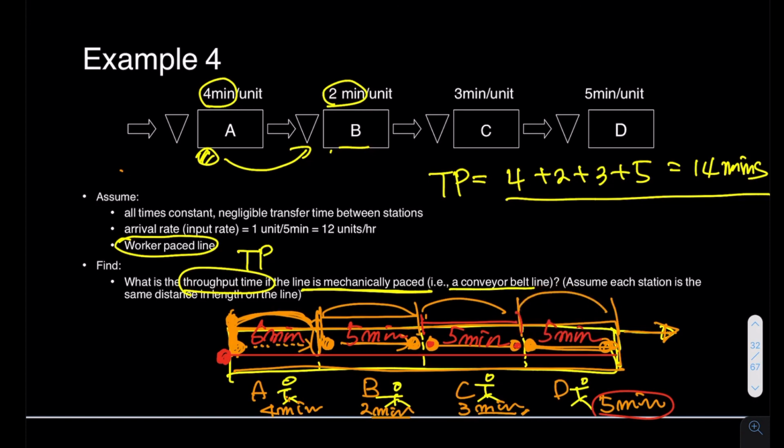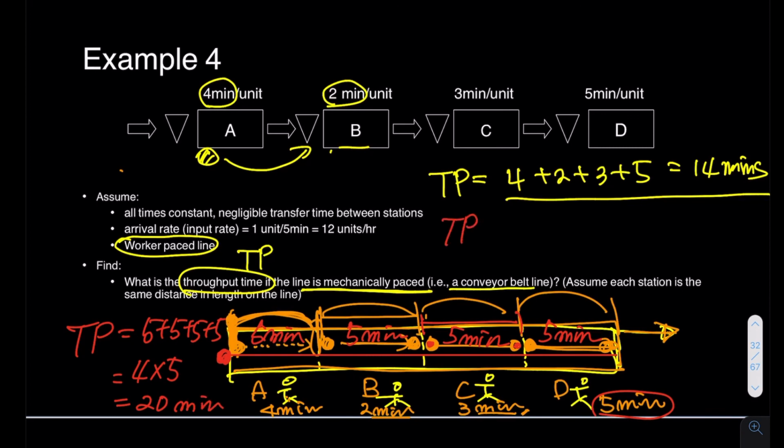So the total throughput time for one material, when you trace one specific material, should be 5 plus 5 plus 5 plus 5, or four 5-minute sections. So it's going to be 20 minutes throughput time.